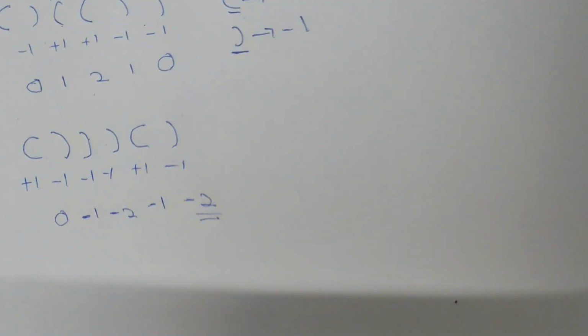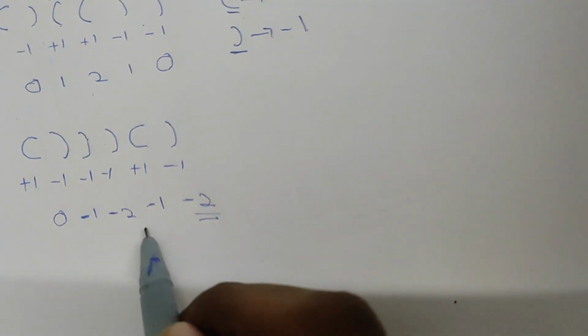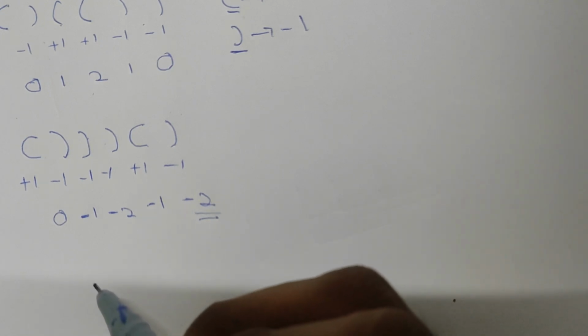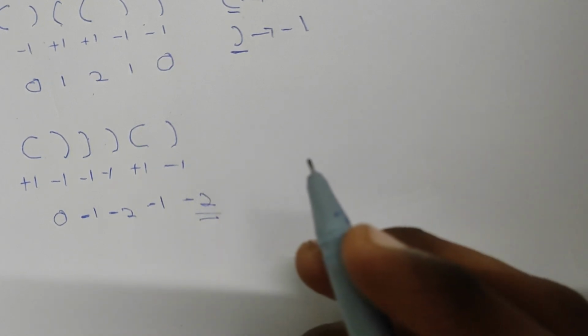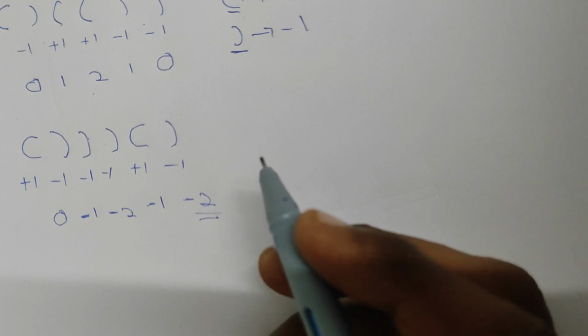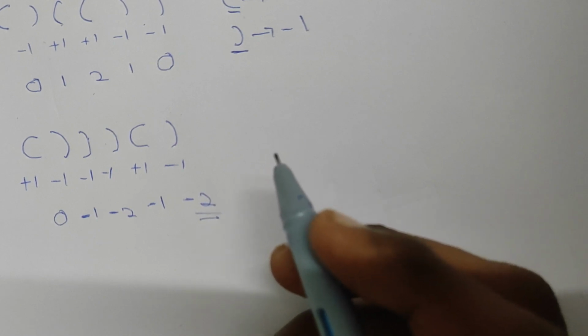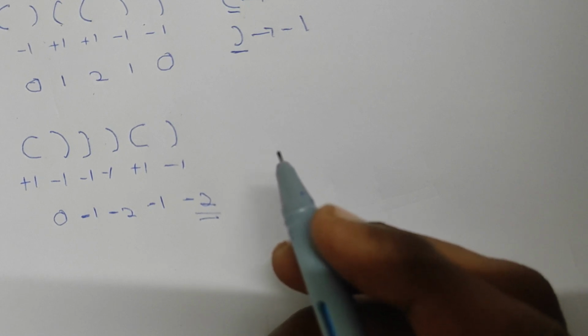That violates our first condition, and the sum at a point has also become negative, which violates our condition too. So these are the two conditions for checking whether a particular sequence is a regular bracket sequence or not.